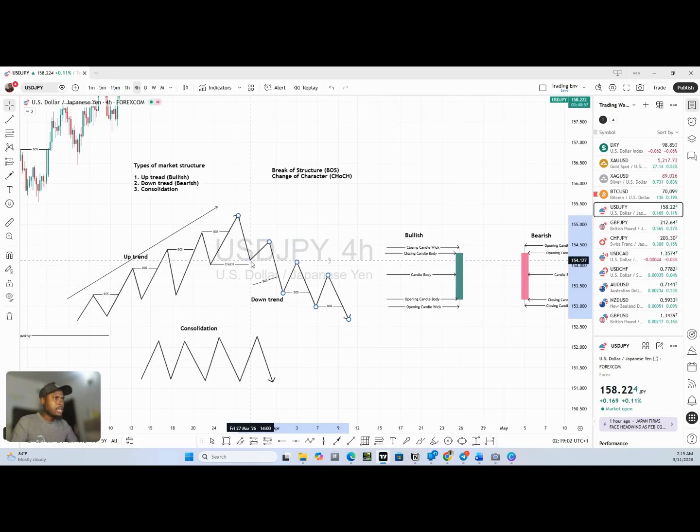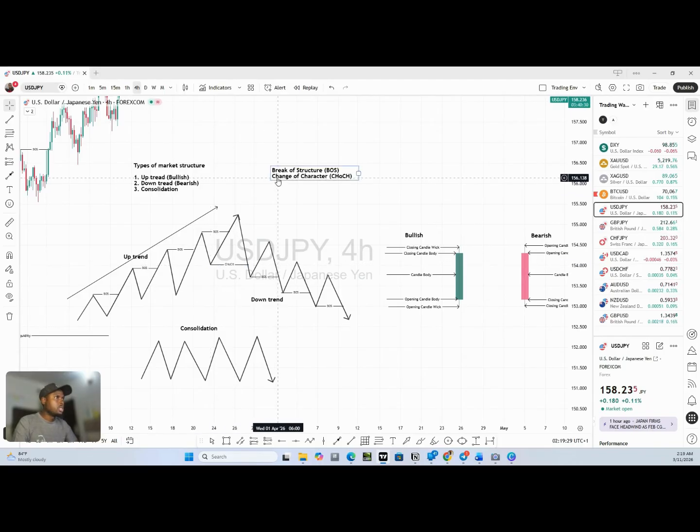Then the market decided to come down here and break this low here. When it breaks this low, that means the market is trying to change direction. So we call this change of character.